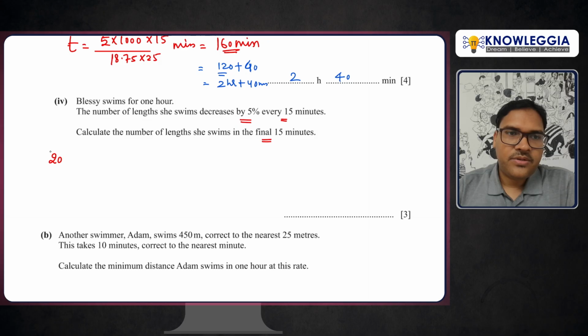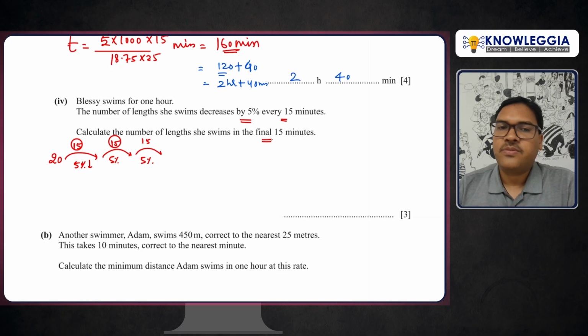In the next 15 minutes, she swims 5% less. Then in the next 15 minutes, again 5% less, and in the next 15 minutes, again 5% less. So how many laps is she covering in the final 15 minutes? This is for the first 15 minutes.